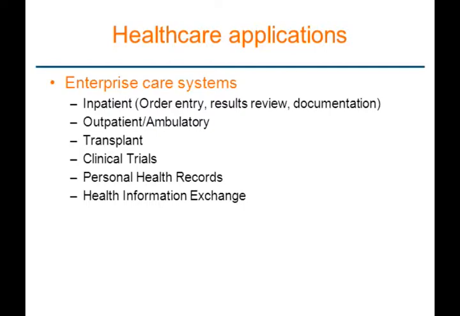In some locations, those personal health records can feed the data back into the care scenarios as and when necessary for the physicians or care providers to be able to see the progress for their patients when they are at home.